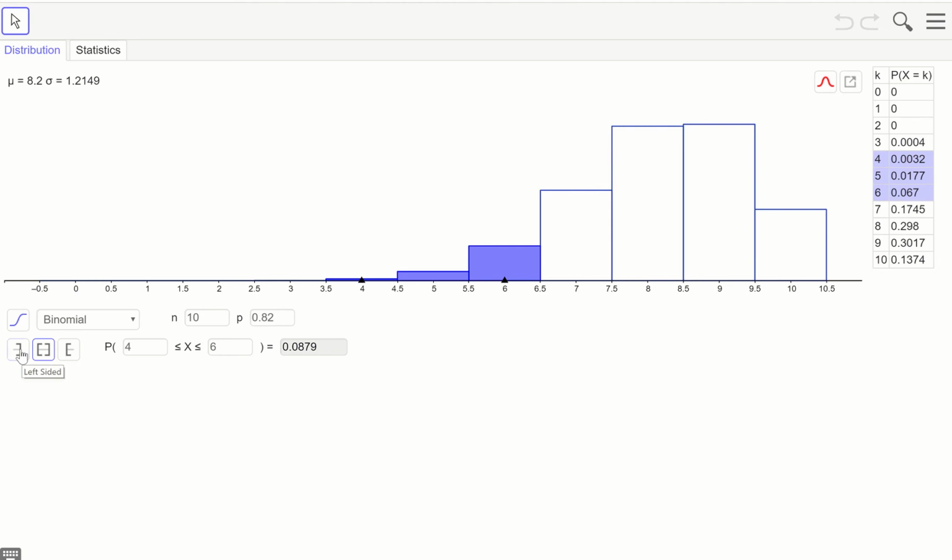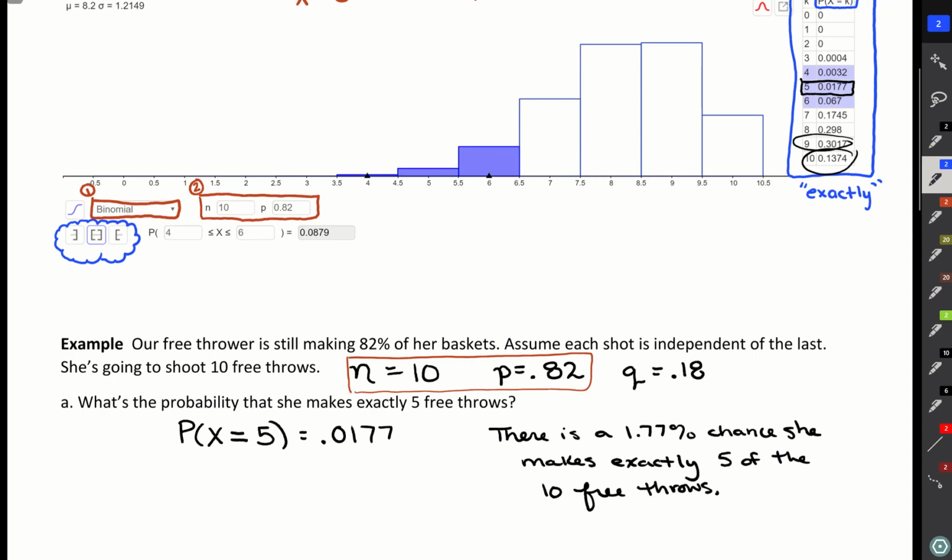It says left-sided, so that's going to shade to the left-hand side. This is interval, and that's going to be the idea of between 2 values, and this one says right-sided because it's going to shade to the right-hand side. The left-sided case is for less than or equal to, or that idea of at most.